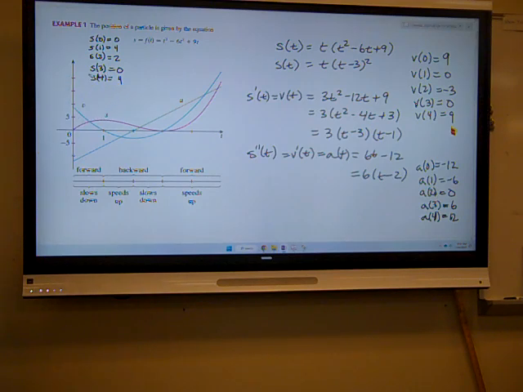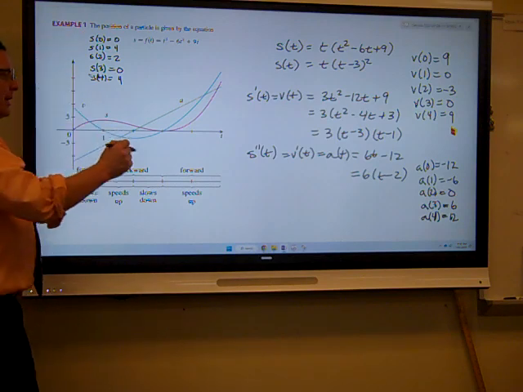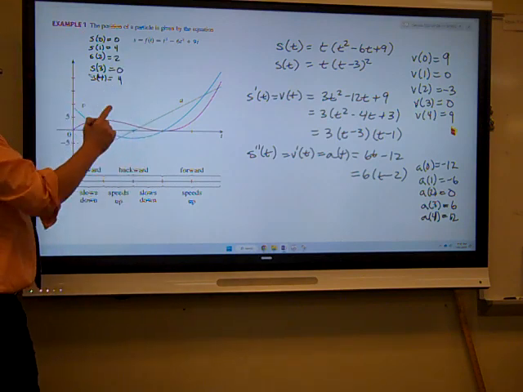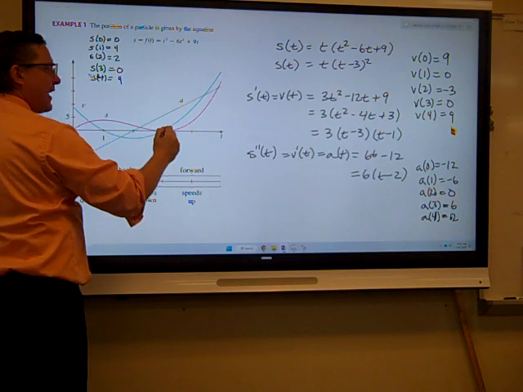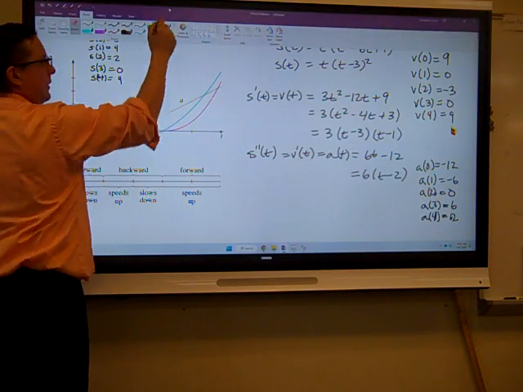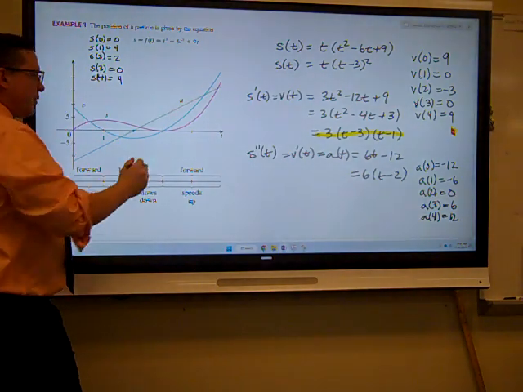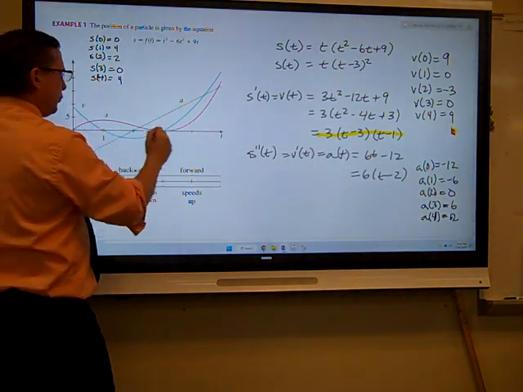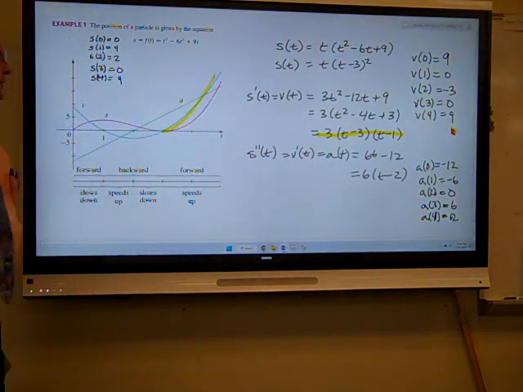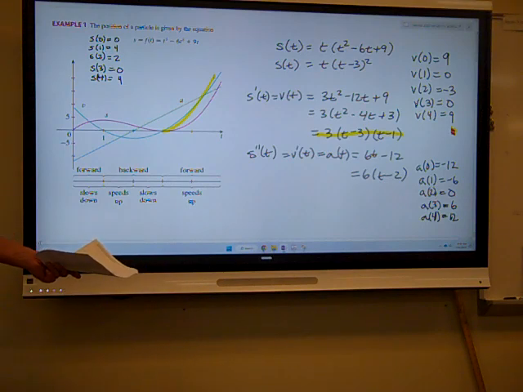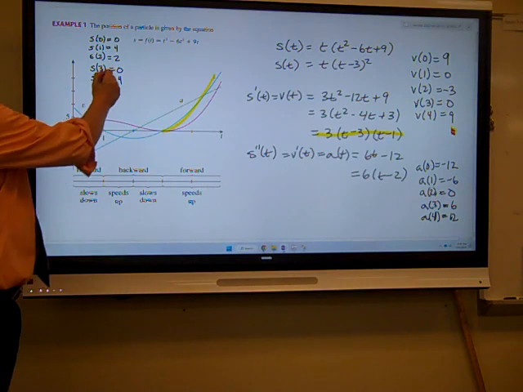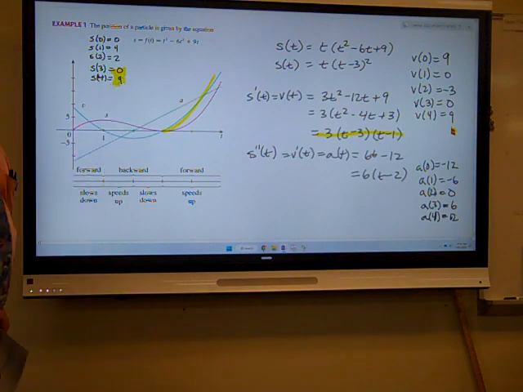If I ask you the displacement between 3 and 4, first thing you've got to know before you say it's just 4 minus 0 is, is there a velocity change between 3 and 4? You take the derivative here, you find where the zeros are. Guys, the velocity is the blue curve. I want to see between 3 and 4. You guys agree there is no velocity change? It's always positive. So guys, the displacement here is 4.